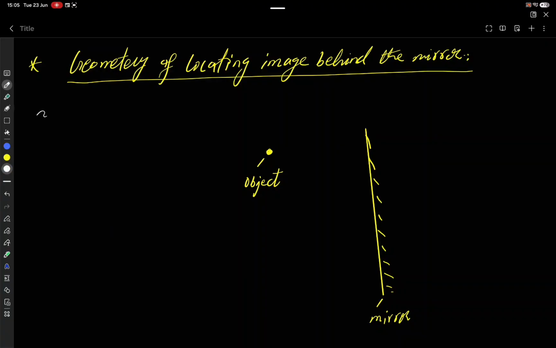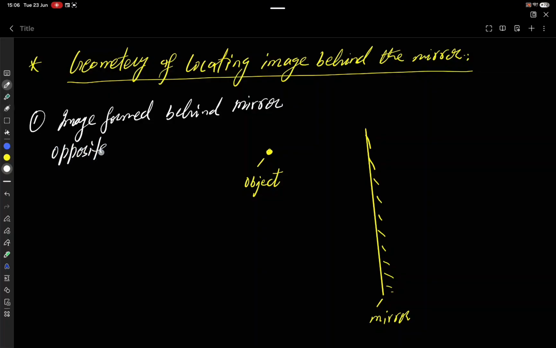Now the first step is that the image is formed behind the mirror, opposite to the object. So the image is formed here.